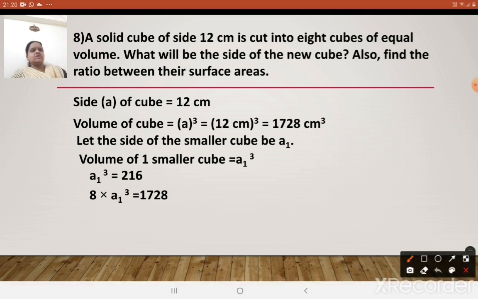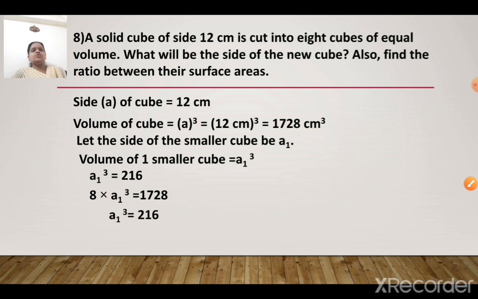Yes, this is actually the last step. So the volume of a smaller cube into 8 is equal to the volume of the bigger cube. Therefore you will get the next step as A1 cube equals 216.